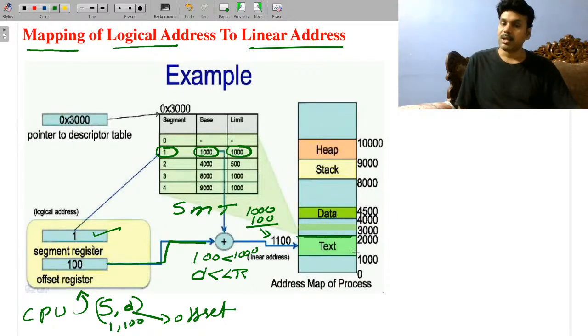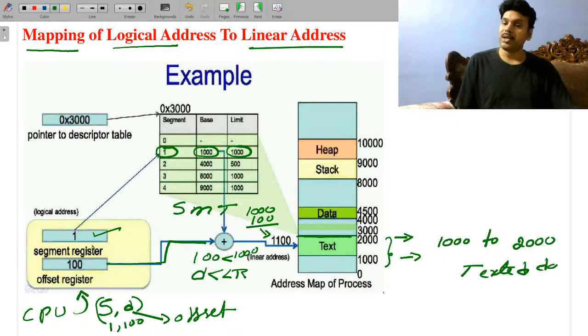Now you see this 1100 is in the range between 1000 and 2000. What is this 1000 to 2000 meant for? It is meant for text data, which is loaded.